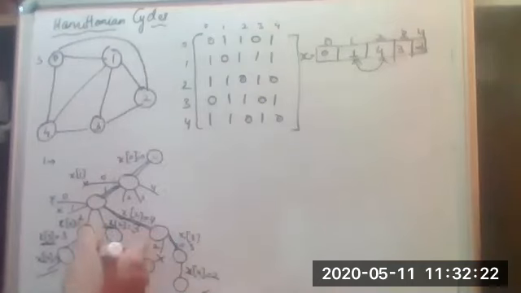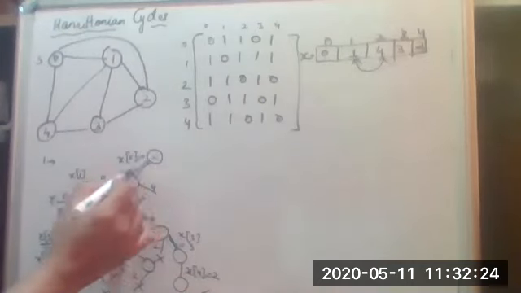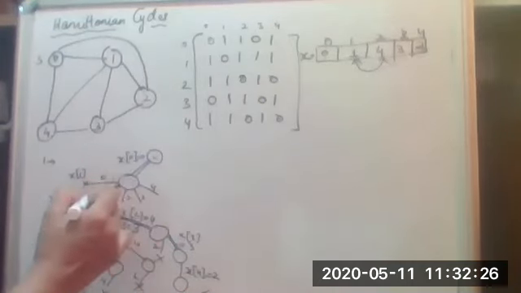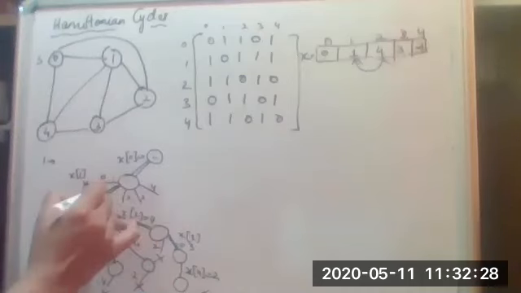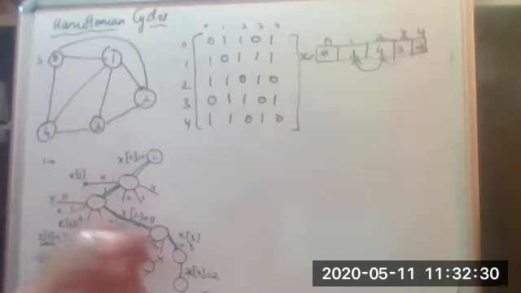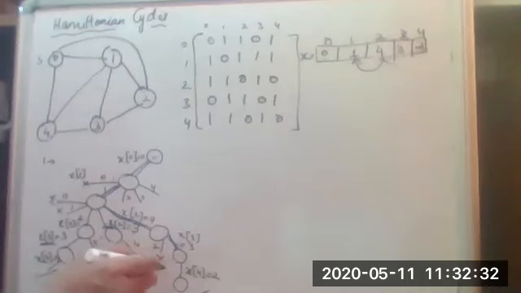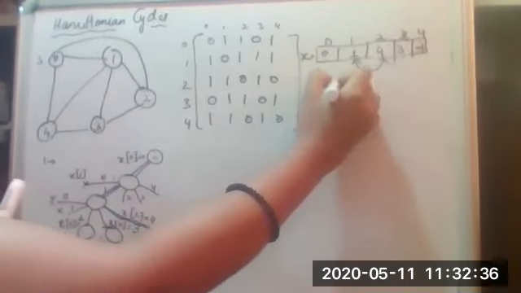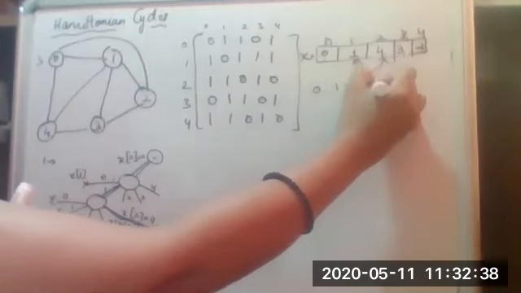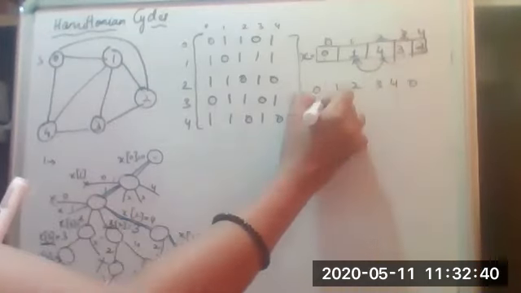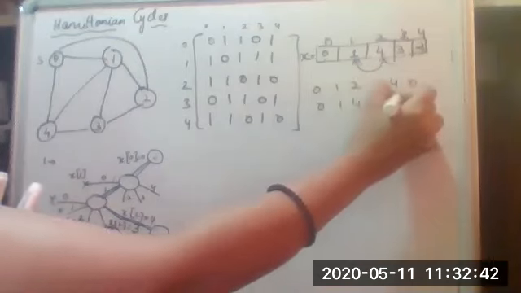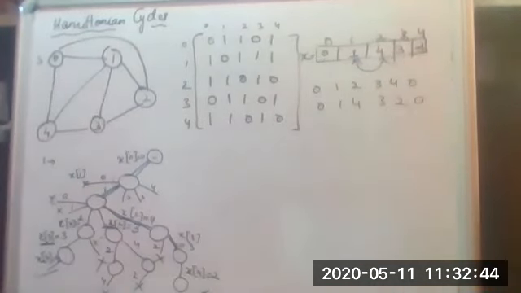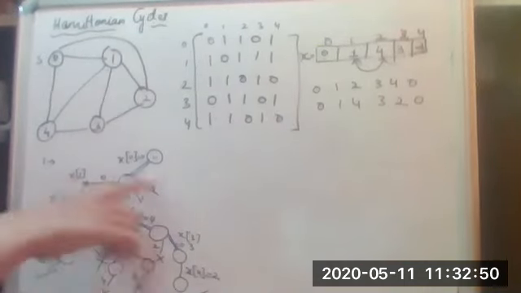Right now we have only taken one value from 0 to 1, and we have checked all the possible conditions and seen that we can get two paths. One is 0, 1, 2, 3, 4 and 0. Another one is 0, 1, 4, 3, 2, 0. So we have gotten two paths when we have only checked with this.